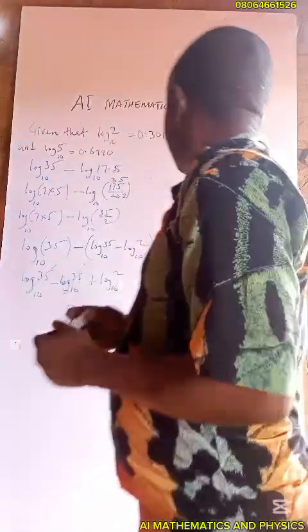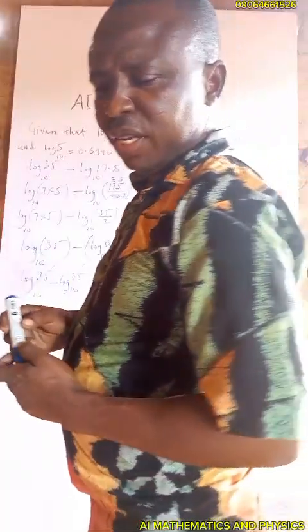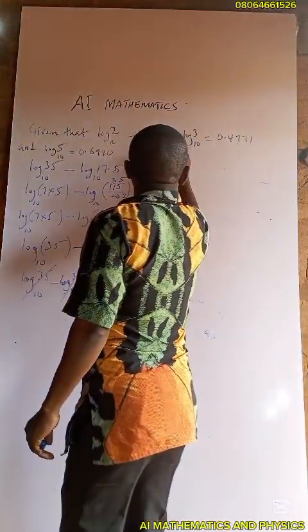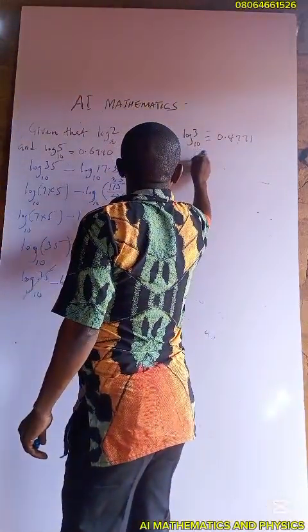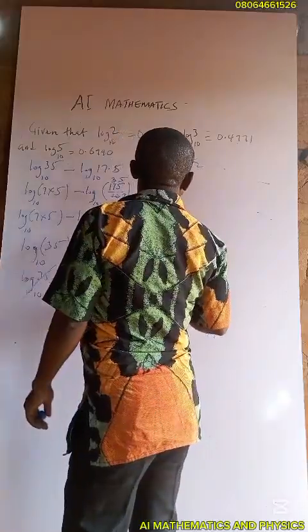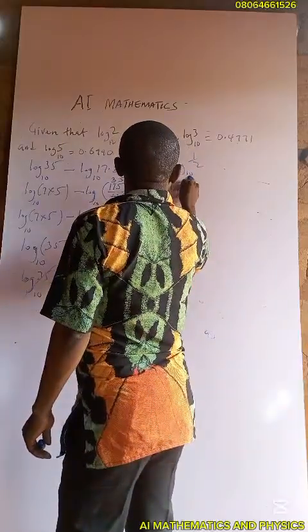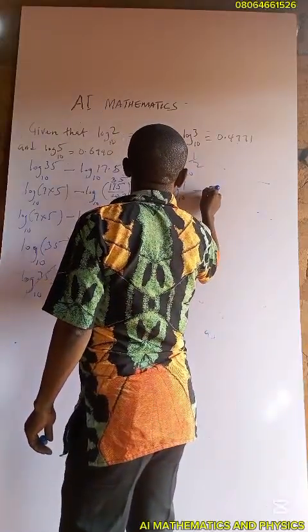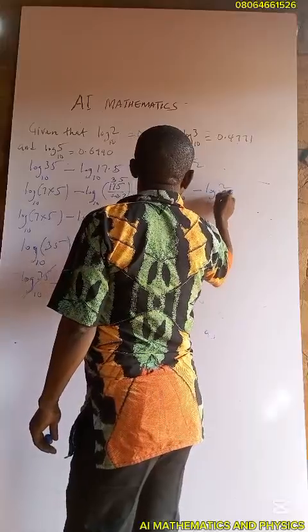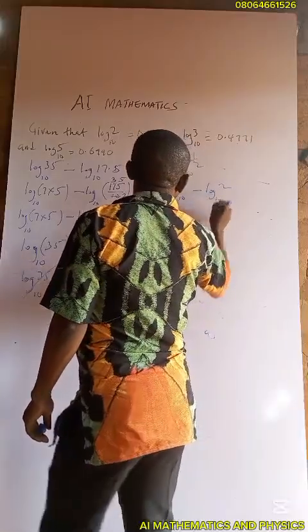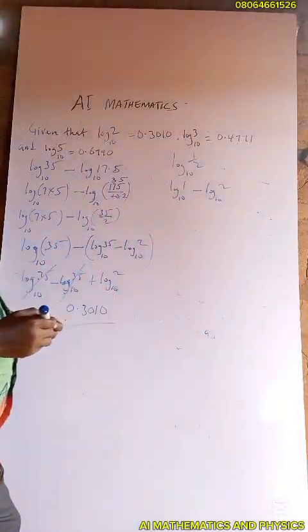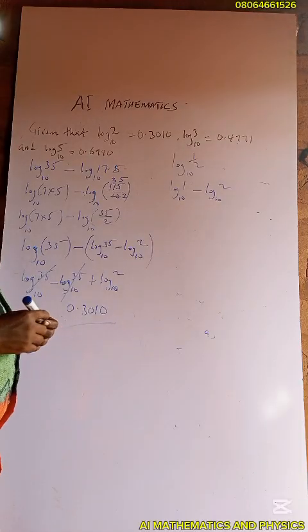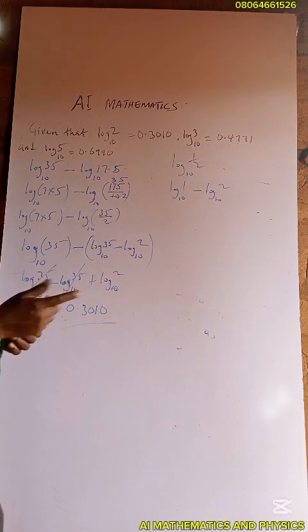Then another one there is log half base 10, log 1 over 2 base 10. That is just simple: log 1 base 10 minus log 2 base 10. Log 1 to any base is 0.